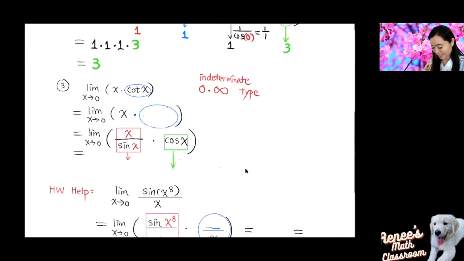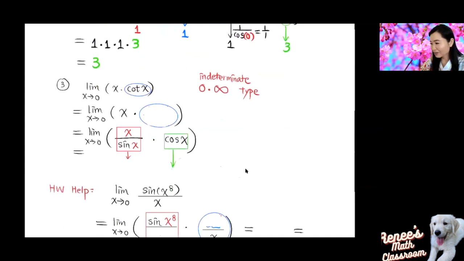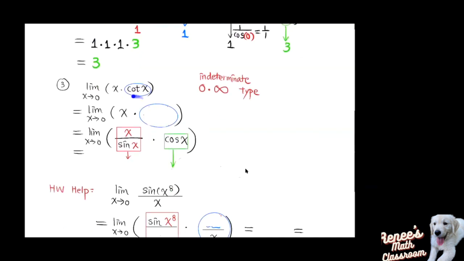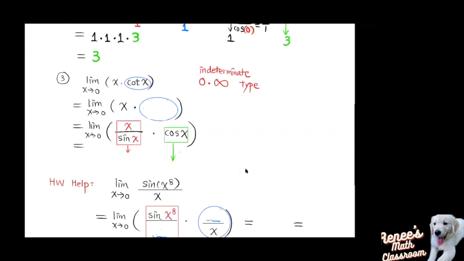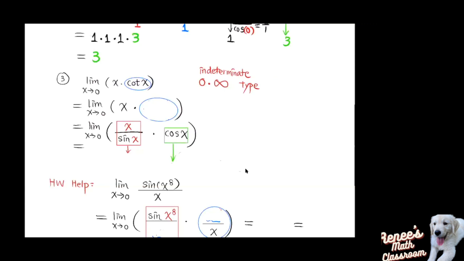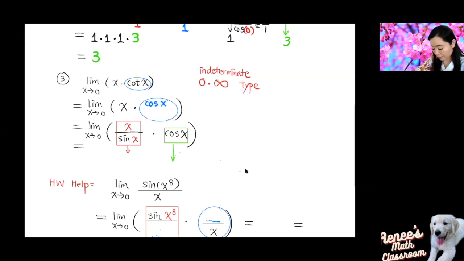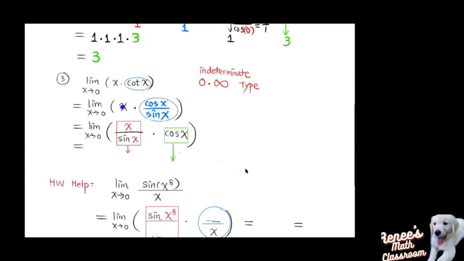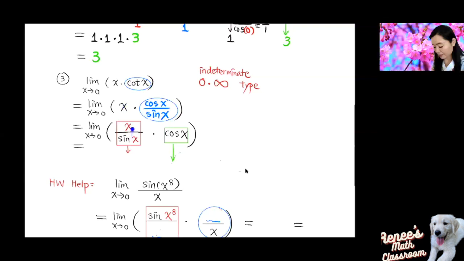Okay. Last one. I know I go over a little bit, but it's just to help you with the homework. Now, what about this? Cotangent x over here, you can express this as what? Cosine over sine. Now you have this x over sine x, we're going to match them. And I'm leaving the cosine x here by itself.